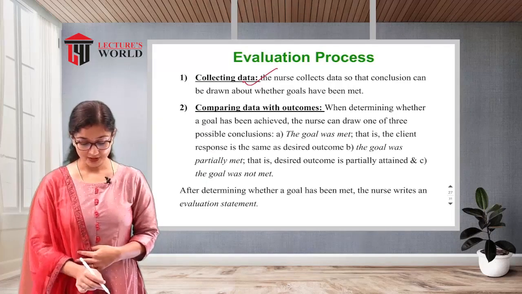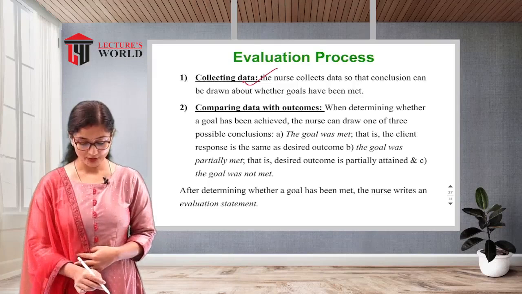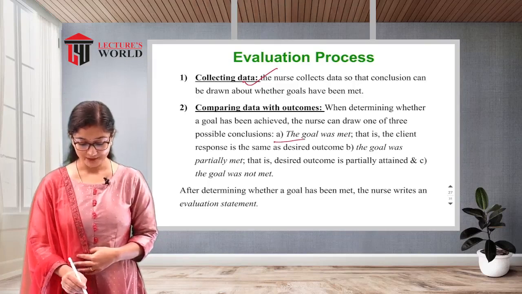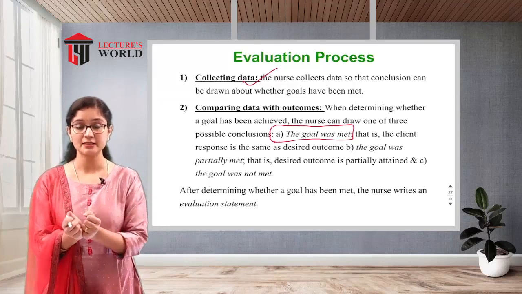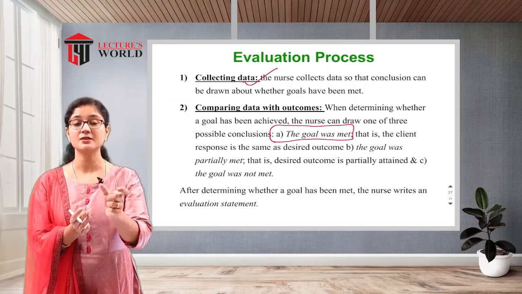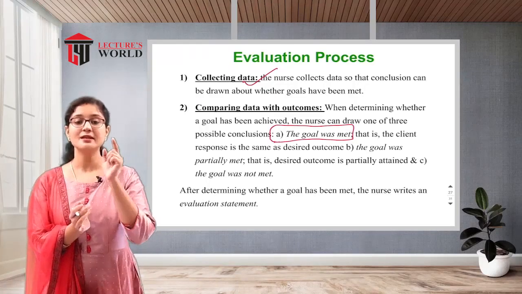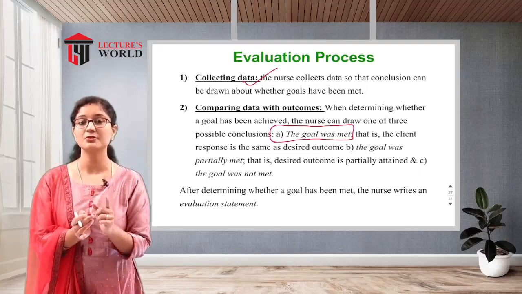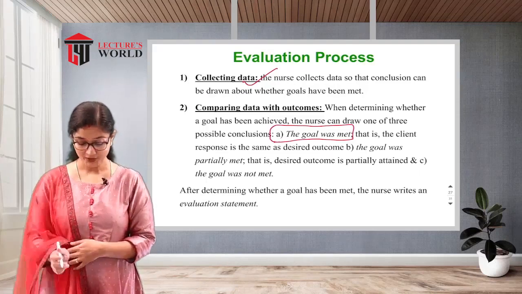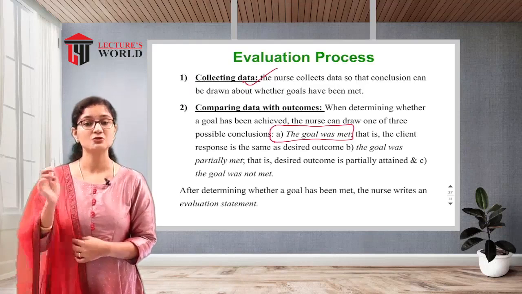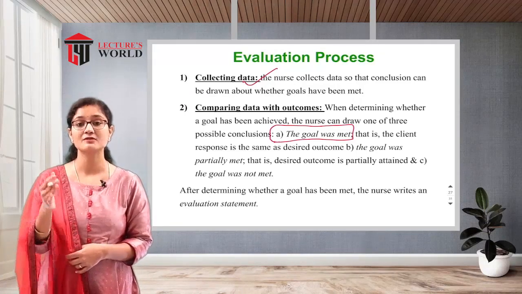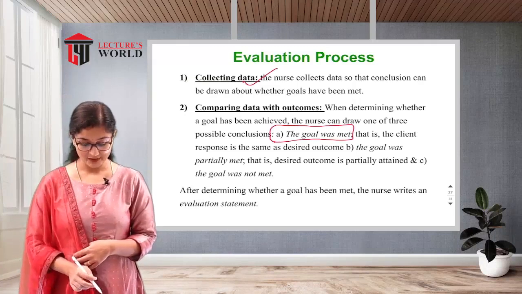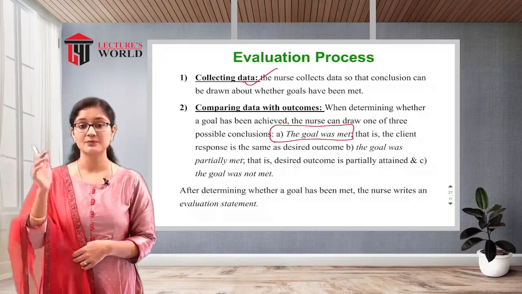When determining whether a goal has been achieved, the nurse can draw one of three conclusions. This is very important: once you have collected the data, you compare and see whether you were able to achieve the goal or not. In the evaluation format, you write either that the goal was met, meaning the goal I made, I was able to achieve it. That is, the client response is the same as the desired outcome.